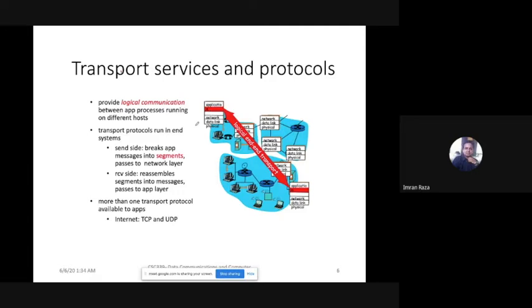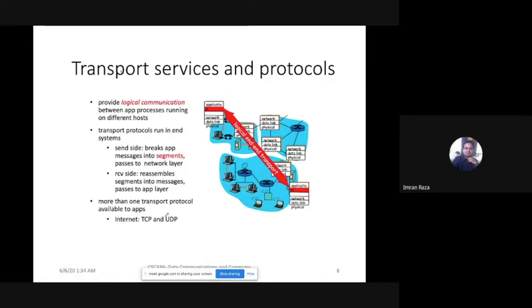At the receiver side, these segments are assembled, combined, and the data is forwarded to the application at the application layer on the destination. The protocols that we'll be covering here are basically two: transmission control protocol and user datagram protocol. TCP is connection oriented, whereas UDP is connectionless.